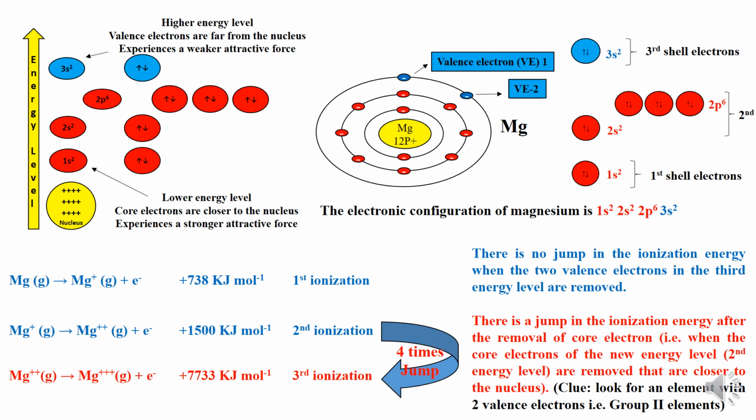So there is no jump in the ionization energy when the 2 valence electrons in the third energy level are removed, but there is a jump in the ionization energy after the removal of the core electron, because the core electrons are closer to the nucleus. So it's because of the penetration effect.